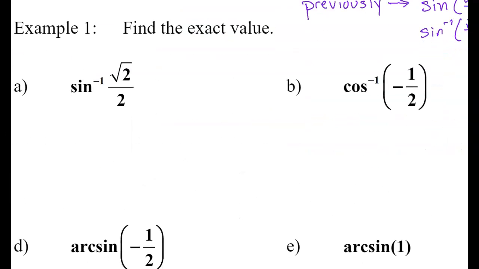Let's do it. Sine is always our y values. Good. On my unit circle, I'm looking for a y value of square root of 2 over 2. Where on my unit circle is there a y value of square root of 2 over 2?